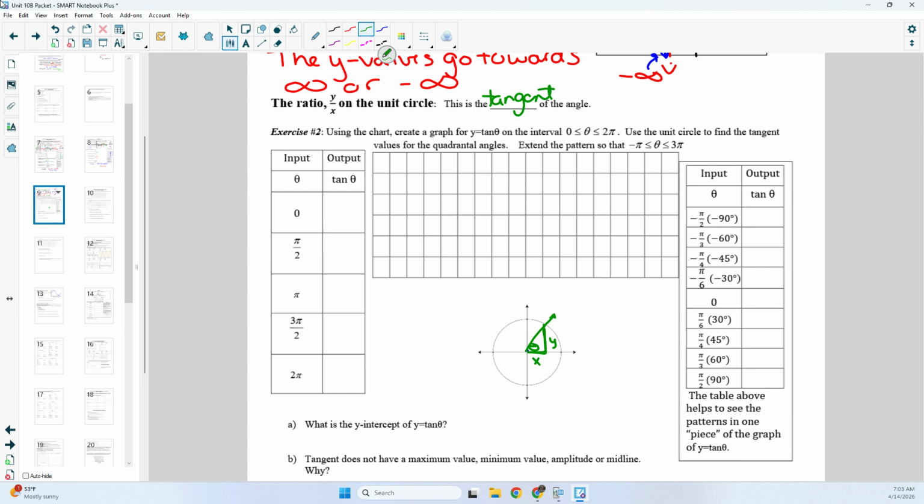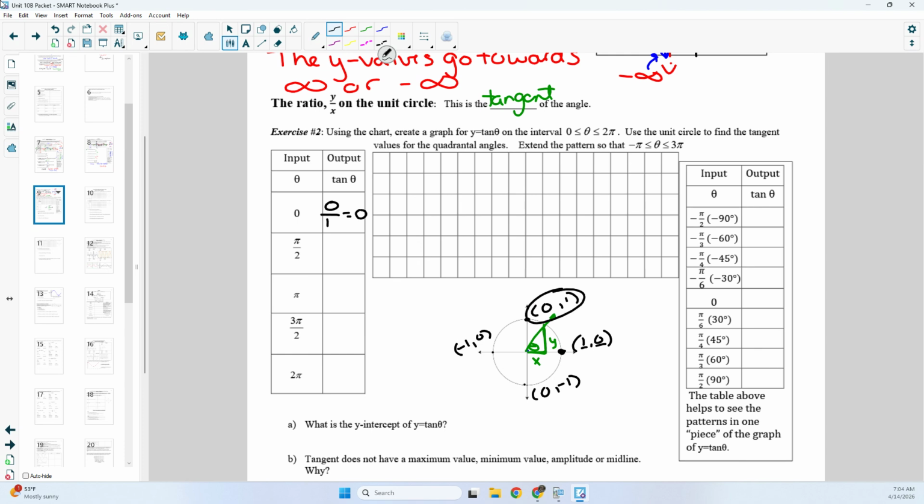So as I graph these points around the circle, remember we're doing y over x. Okay, so if I do y divided by x, 0 divided by 1 is 0. That's fine, right? My denominator is 1.